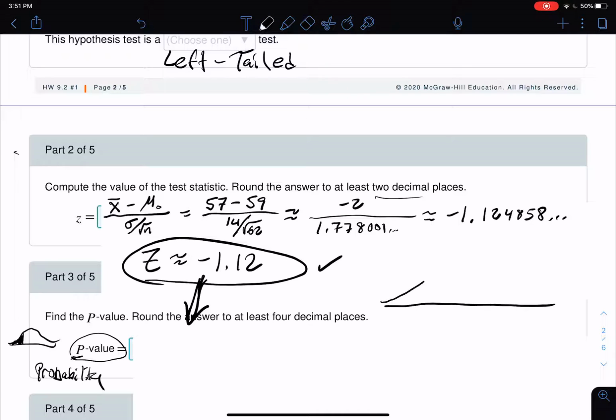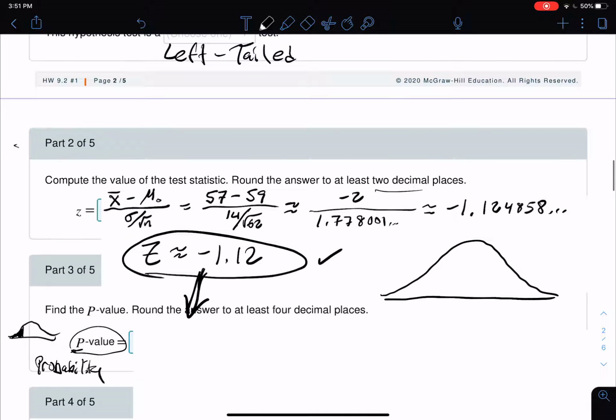Some of this is very similar to critical values, and that's probably why it gets confused. So now we're going to do this with z-values, because that's what we're working with here.